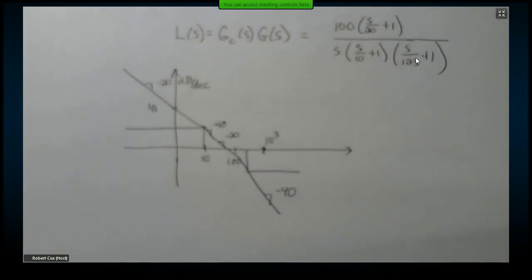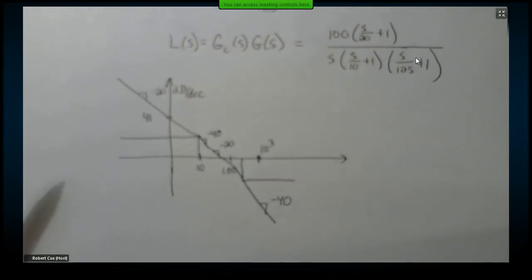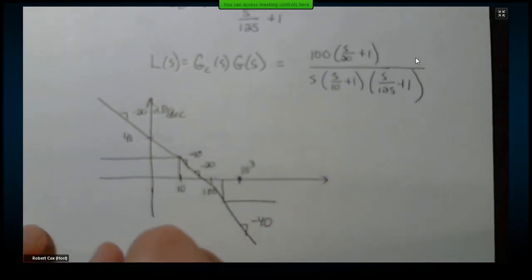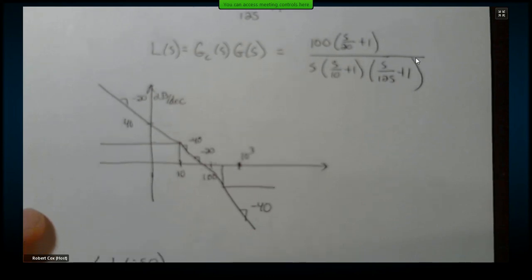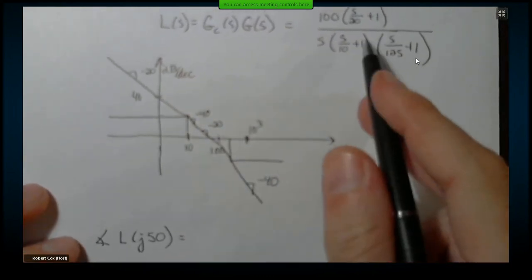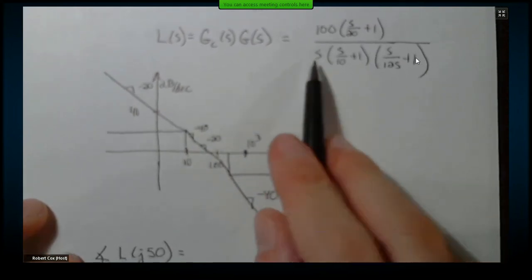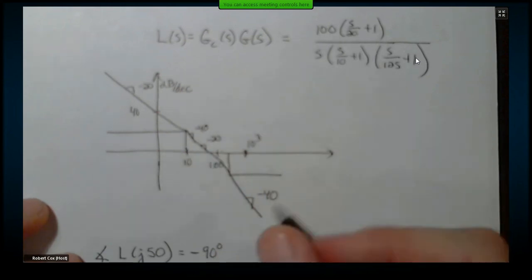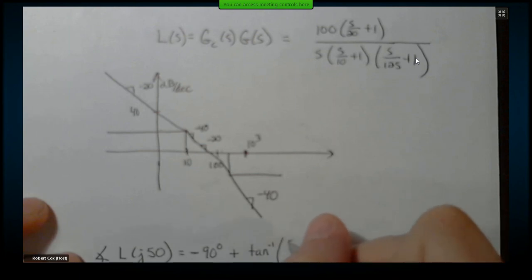Now what I should check is to make sure this guy actually has the right amount of phase margin. Now how can I do that? Well, I have to check the phase of this guy. Let's check the angle of L of J 50, which is supposedly where this guy crossed over. Well, let's do the angle. This guy has an angle of minus 90. This guy here, his angle is plus arctan of 50 over 20.